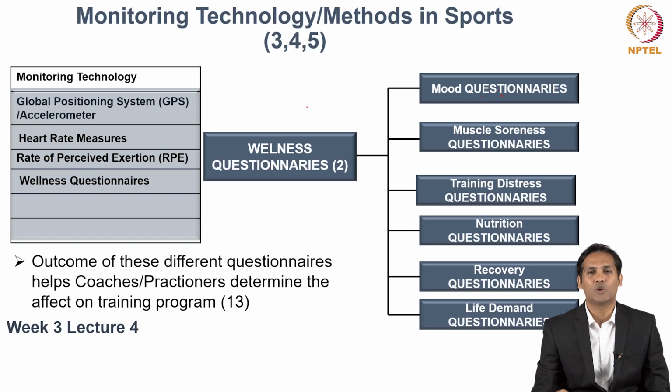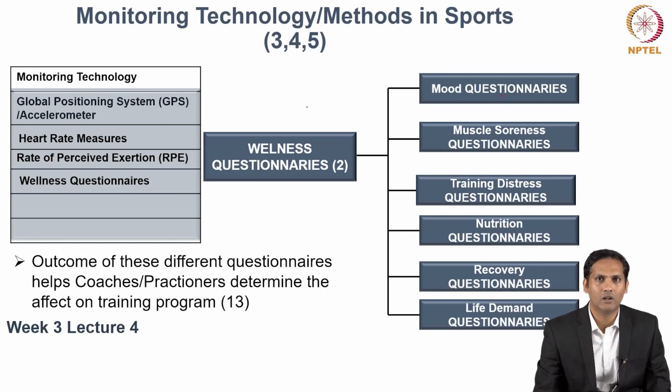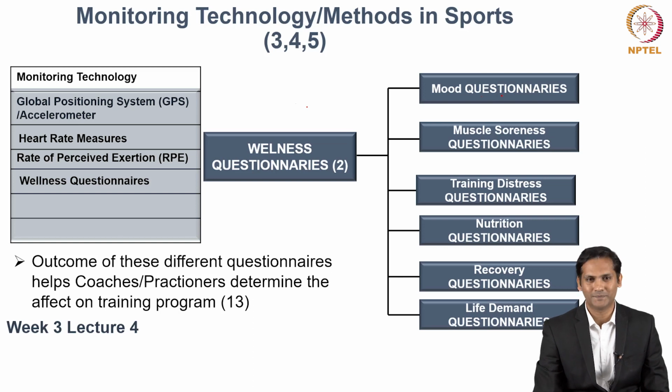In case the questionnaire outcome shows a negative impact, you can understand that the athlete is not well prepared for the upcoming session or for an upcoming event. In this case, you can make an informed decision to guide your training program or to guide an athlete to overcome this low level of preparedness.